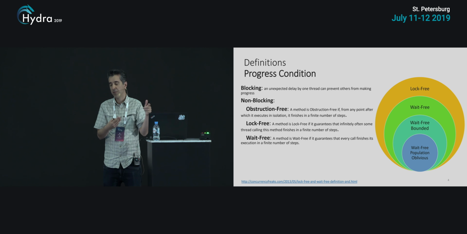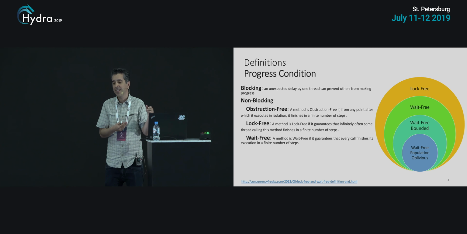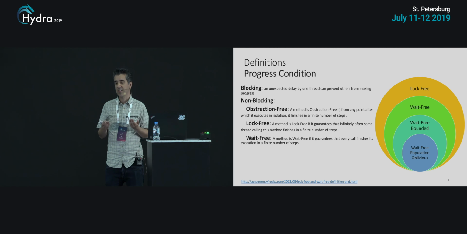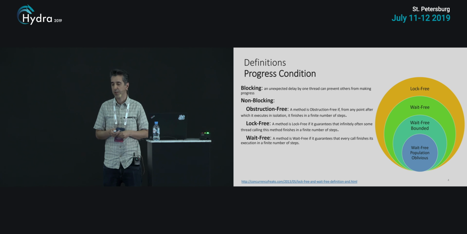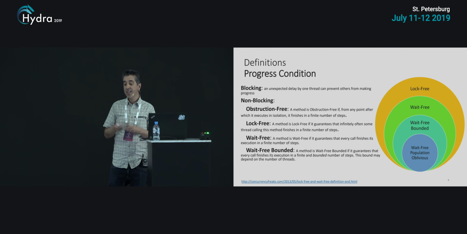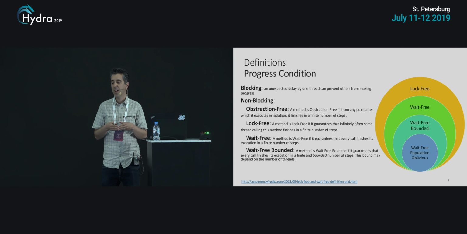Now, that tail end might be so long that in practice it doesn't really matter. So it looks like a starvation algorithm, but it gives you this possibility. And inside wait freedom, you have wait-free bounded, which means you know how to compute the number of steps that the algorithm is going to take.